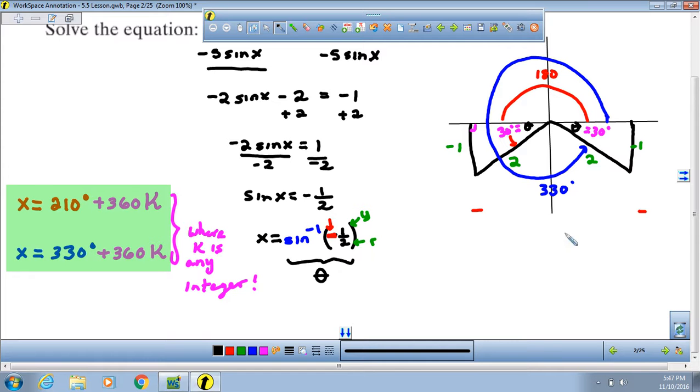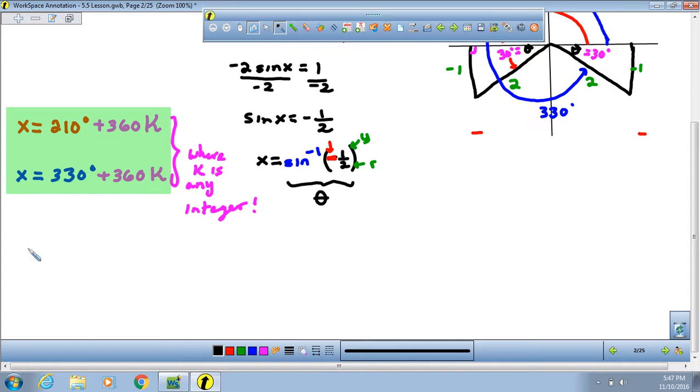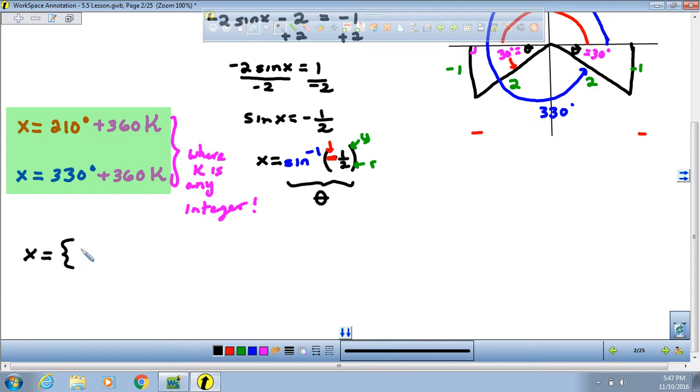I'm going to give you some examples of the solutions that will give you negative 1/2. For example, one solution could be 210 degrees. That gives you a 30-degree angle in quadrant 3. If I add 360 plus 210, that's 570.